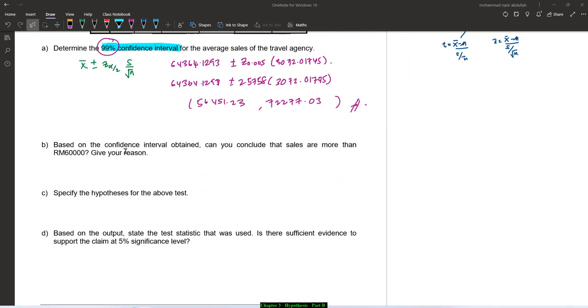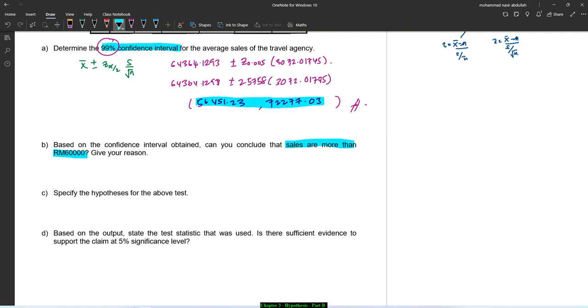So based on the confidence interval obtained, can you conclude that the sales is more than 60,000? Based on the confidence interval, we have 56,451 until 72,000, so 60,000 is still in the range.